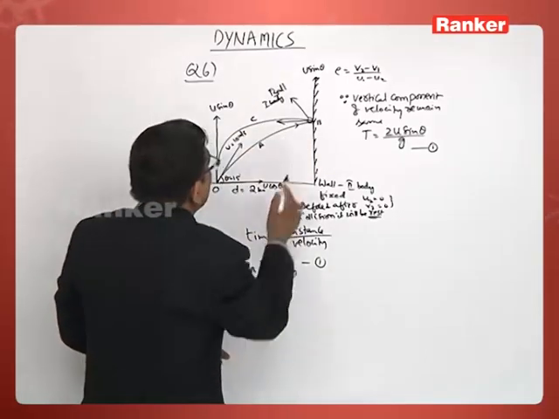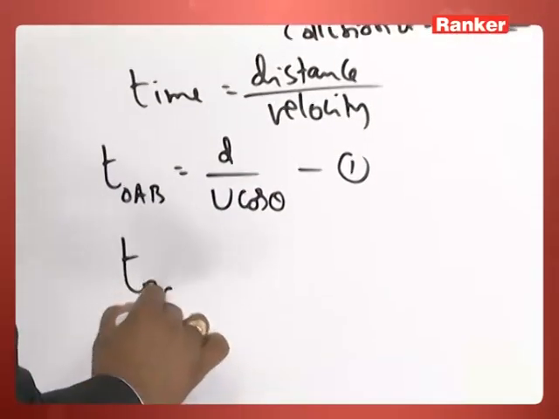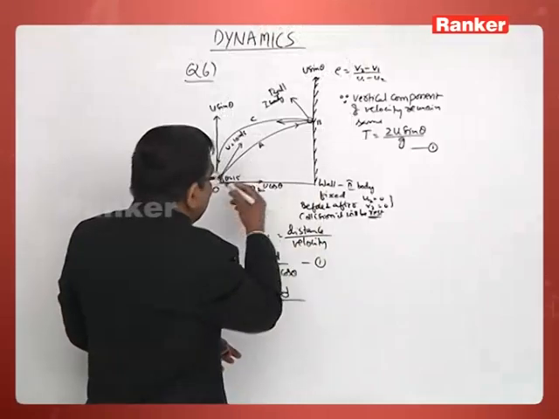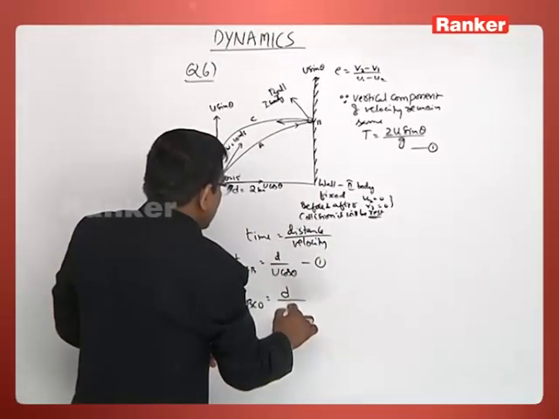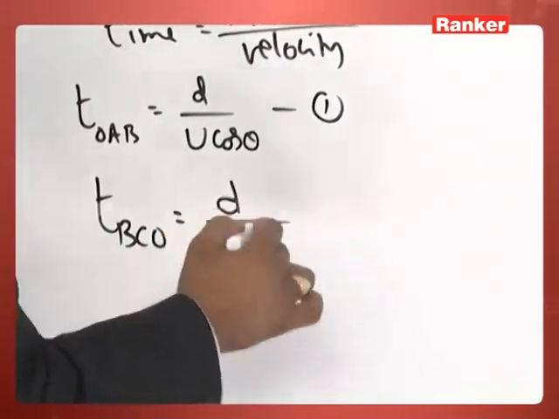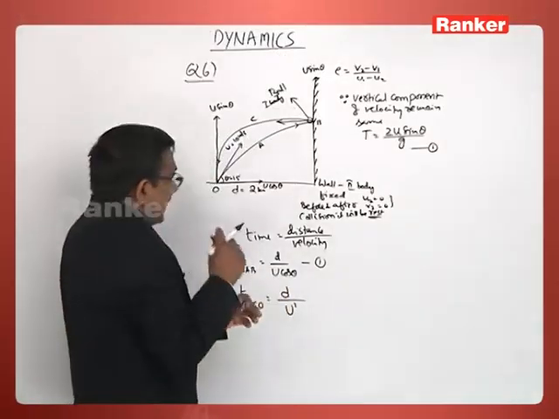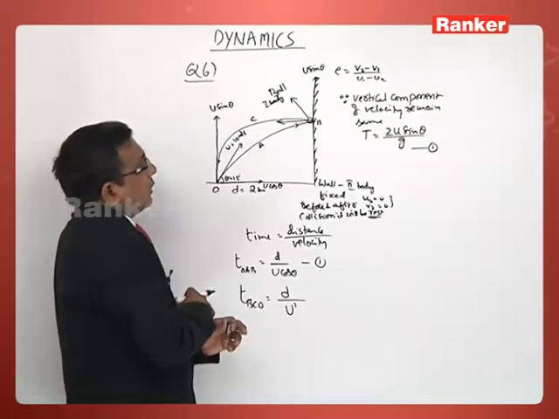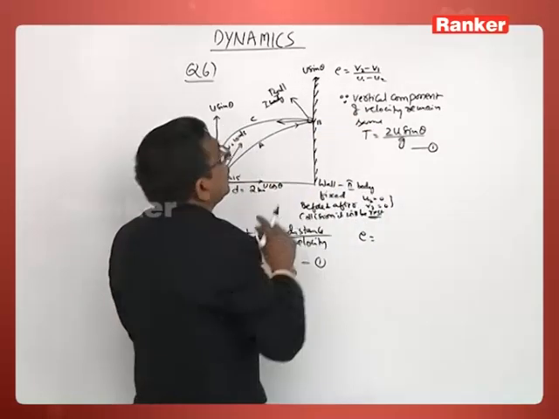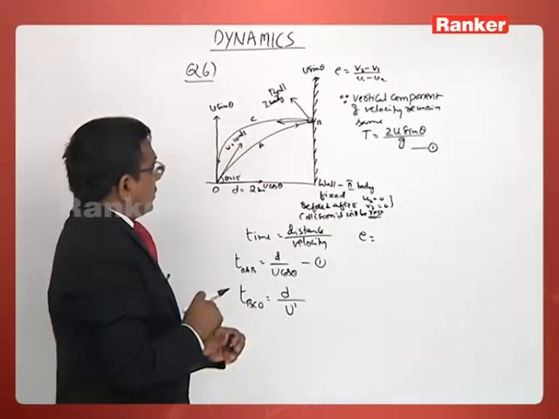Now again it is coming back from B to O along the path BCO. So time taken for BCO is equal to, it is covering the same distance, but in that direction I want the velocity. How do you get that velocity? That velocity I take as, say, u prime. If you know u prime, you can calculate this time. How do you get that u prime? For that we have to take the formula e = (v2 - v1)/(u1 - u2).